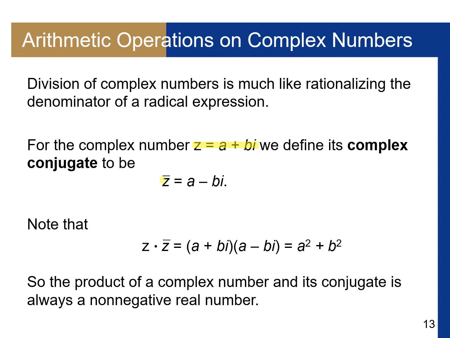Its conjugate would be a minus bi. So notice the a still remained positive. You didn't change it, so it's not the opposite. It's the conjugate. And what happens when you multiply a complex number by its conjugate is you will get a real solution. You won't have any i's left.